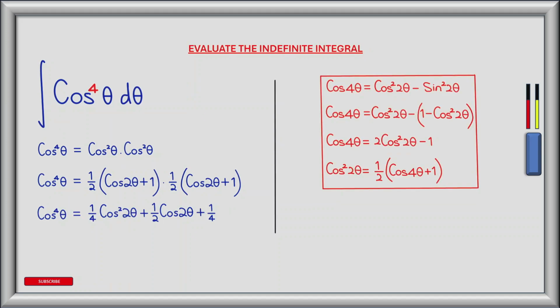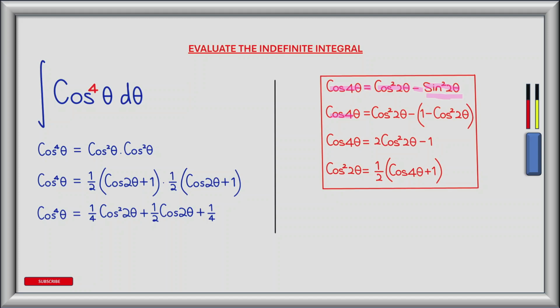We can now use the double-angle trig identity for the cosine function to substitute for cos²2θ. cos4θ is equal to cos²2θ minus sin²2θ. Now, using the trig identity sin²2θ plus cos²2θ is equal to 1, we can substitute for sin²2θ.